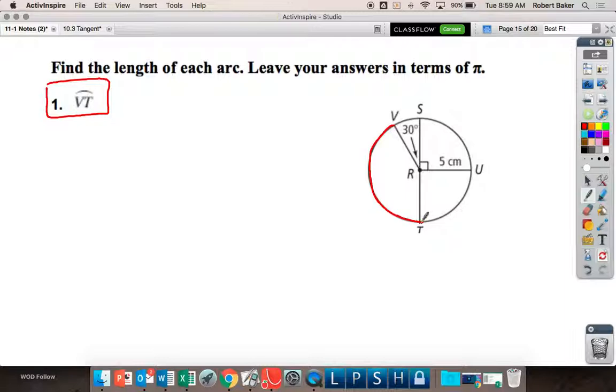This line, ST, is a diameter. So if this little piece right here is 30, how big is the other piece? How big is this half of the circle? 180. Half of a circle is 180.